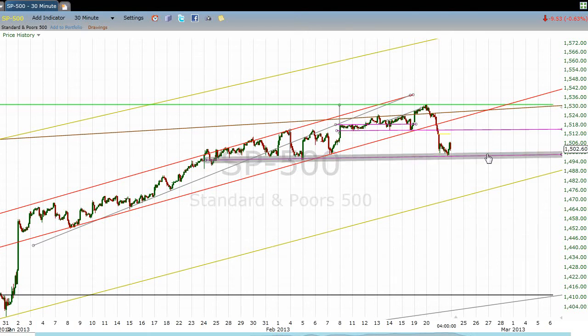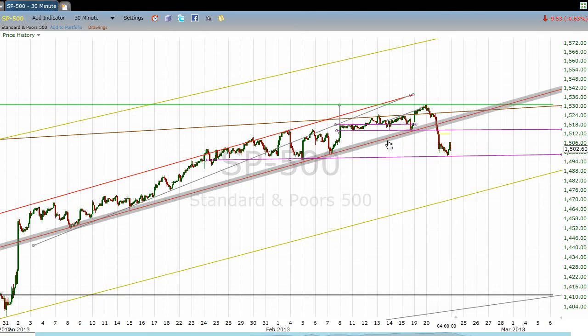I'm just trying to spot some areas where I would look for a bounce, spot some areas where I would look for resistance, and hopefully, as this starts to get sorted out over the next number of days, we will either come up with some pattern that serves as a predictive pattern, or we find a channel that again would serve to predict something.